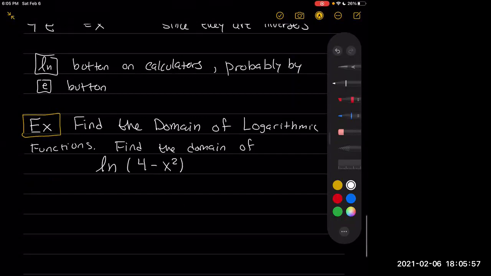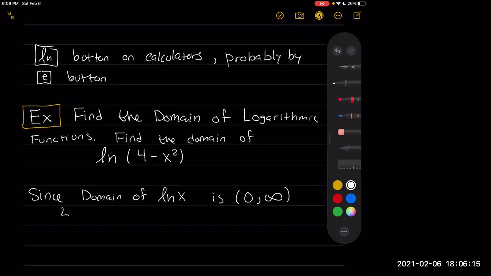Since the domain of the natural log of x, the regular one, is 0 to infinity, that means we need 4 minus x squared to be strictly greater than 0.